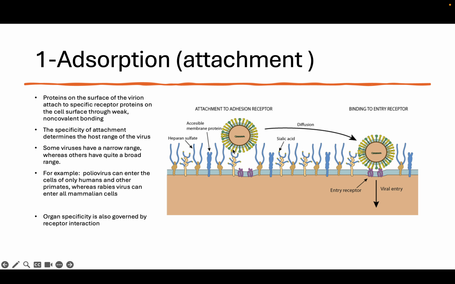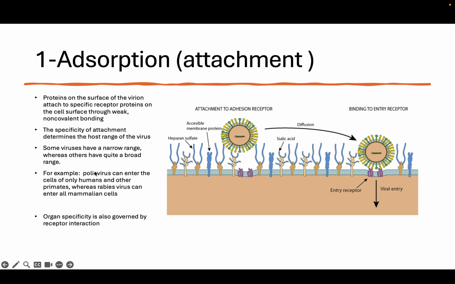So basically, it's this interaction that gives the virus host range, meaning that certain viruses will replicate in humans, some of them will replicate in humans and also dogs, and some of them will replicate in basically everything. It all depends on what the receptors on the virus bind to.